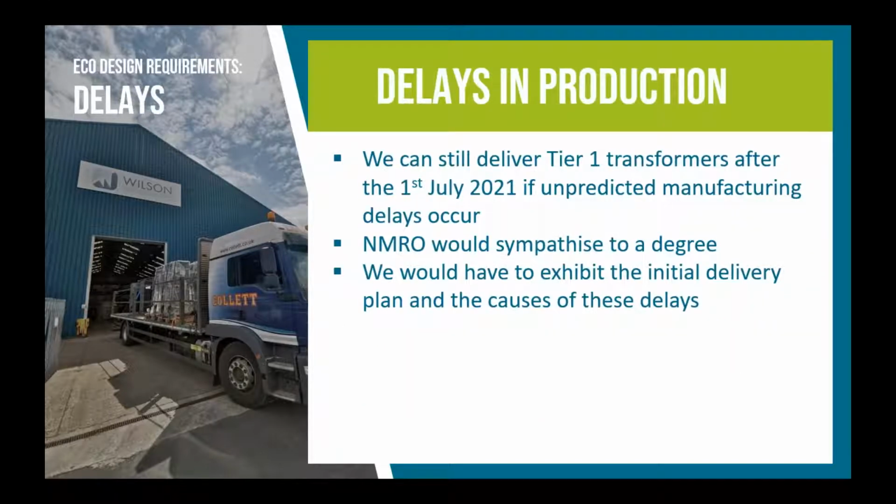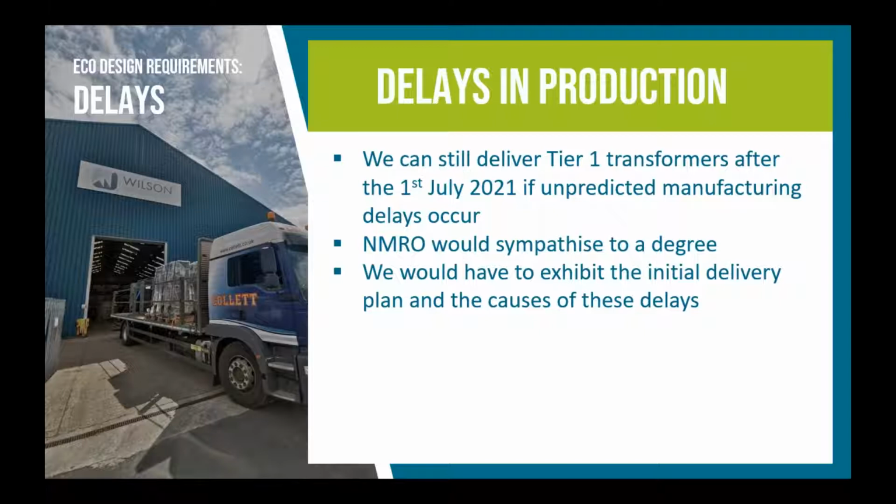But we can still deliver Tier 1 transformers after the 1st of July only in one of the cases, if there were unpredicted manufacturing delays, because that would be out of our hands, and NMRO would be sympathetic to a degree.